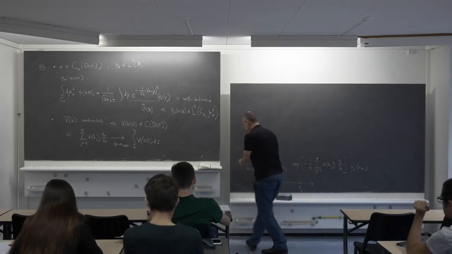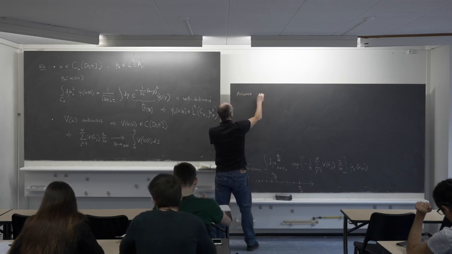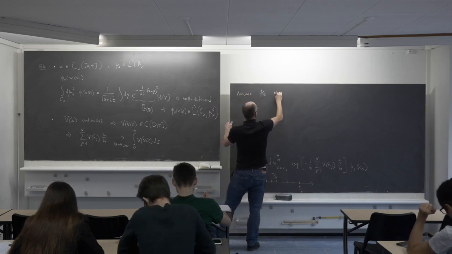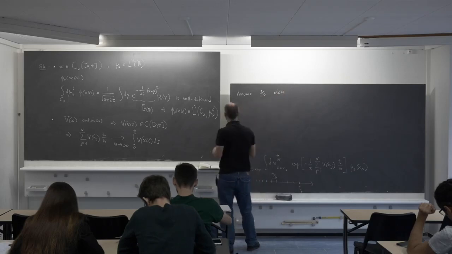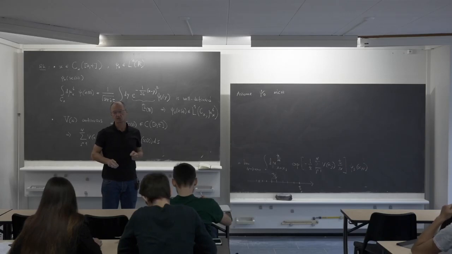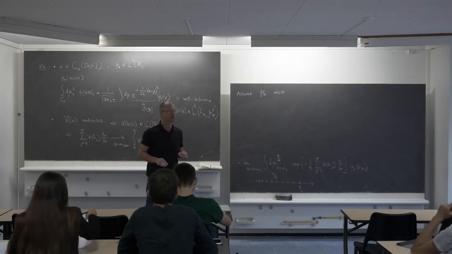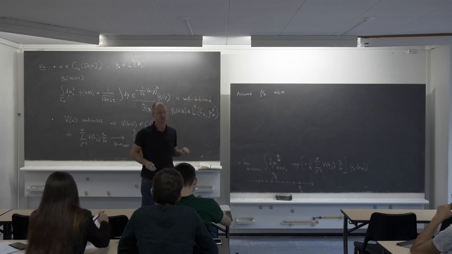One more remark. Assume that psi naught is nice. Being nice, it needs to have values; L2 functions don't quite have values at points, but let's assume that psi naught is a nice function.